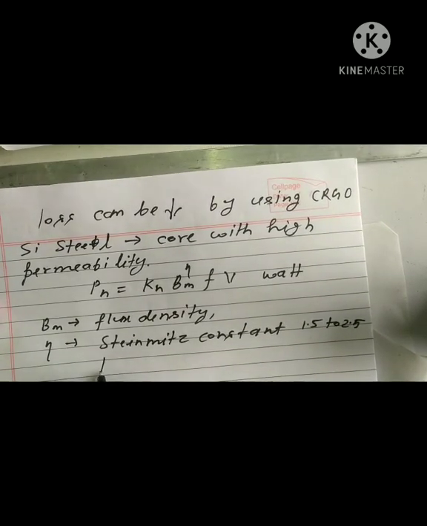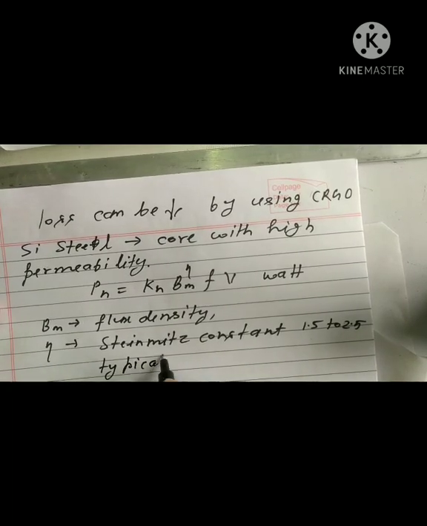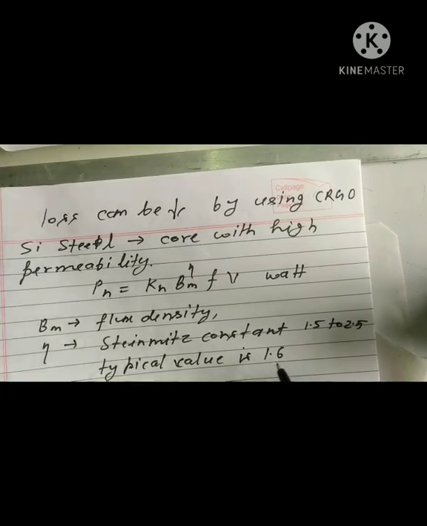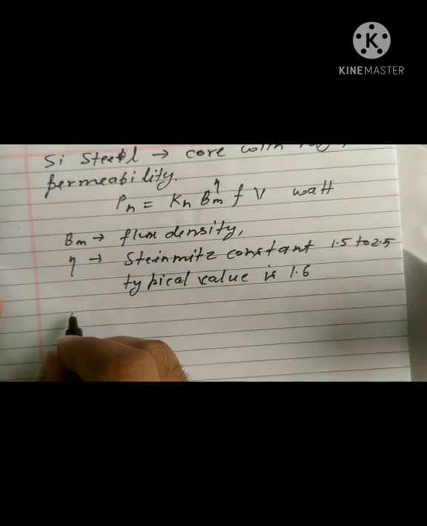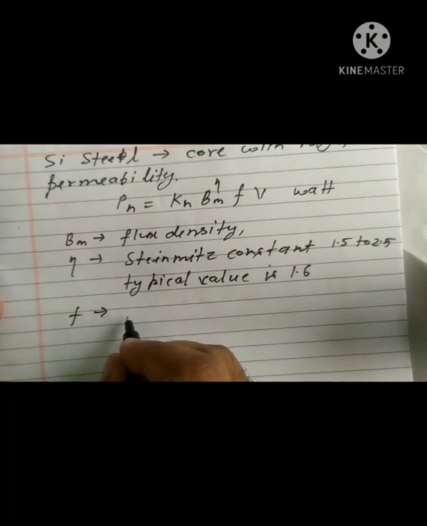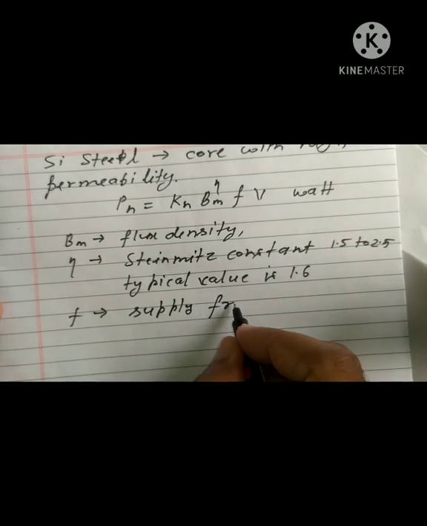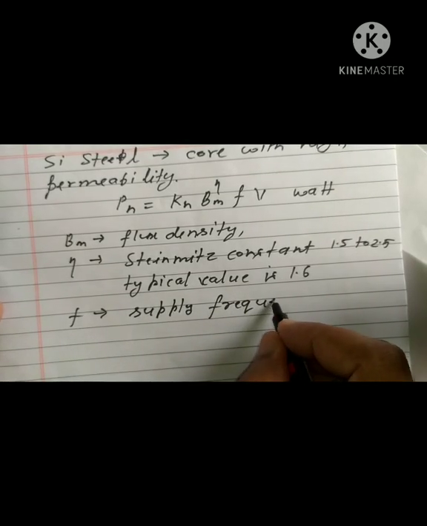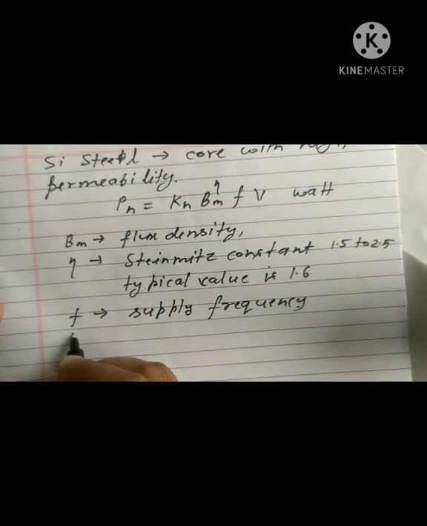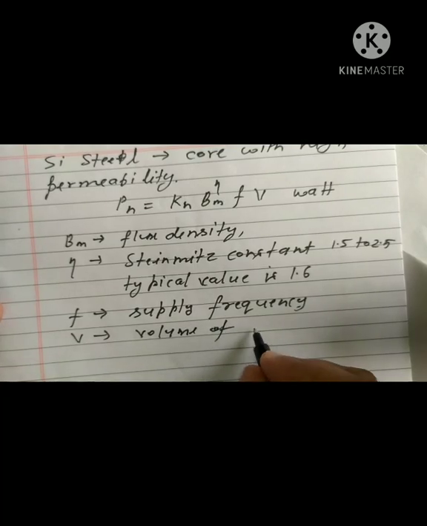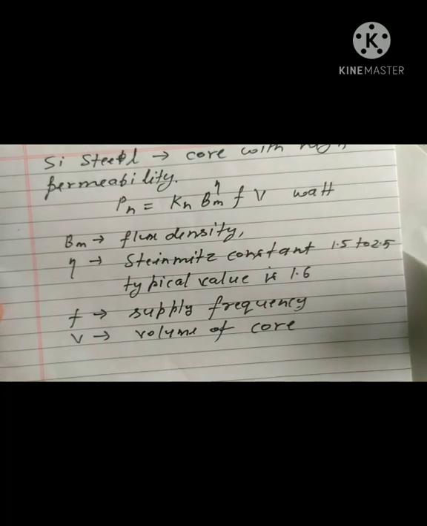Typical value is 1.6. F is supply frequency, and V is volume of core.